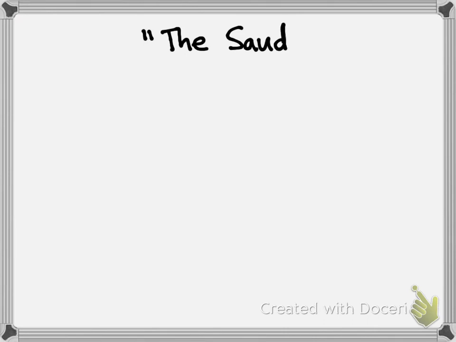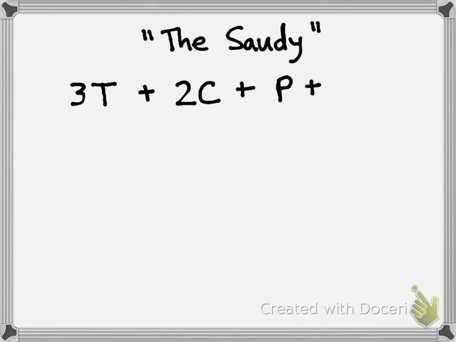That's right. We're going to call it the Saudi. And the Saudi is going to be comprised of 3 slices of turkey and 2 slices of Swiss cheese and a pickle and 3 tomatoes and of course 1 teaspoon of Miracle Whip, the bread spread from Kraft.